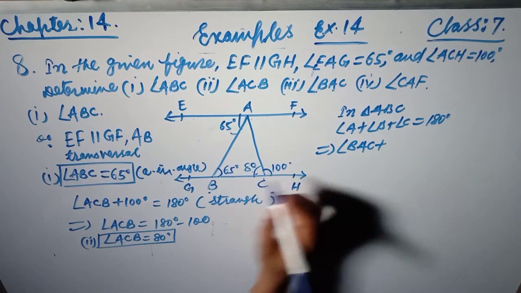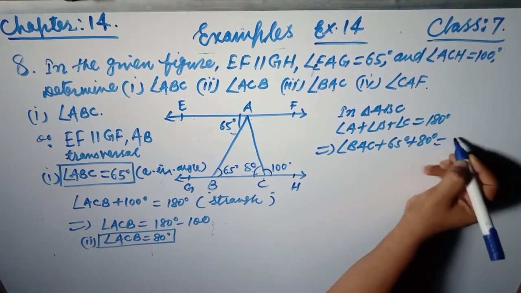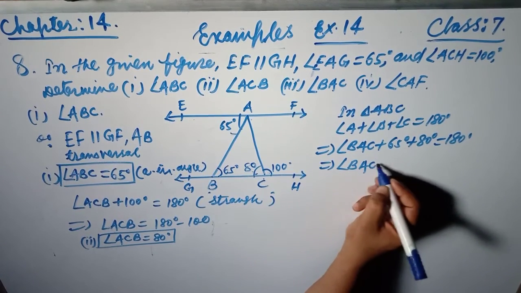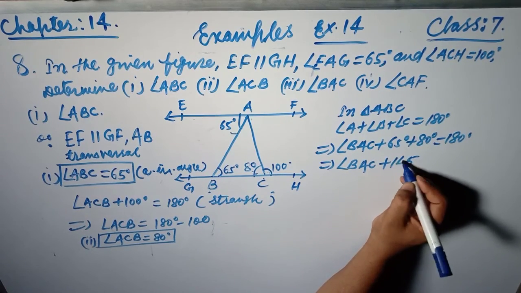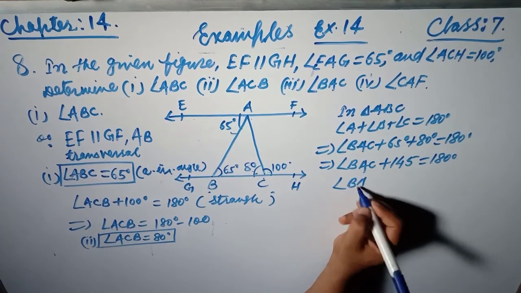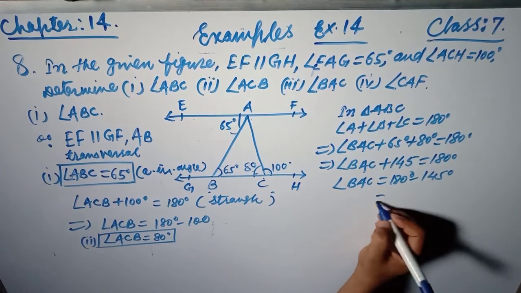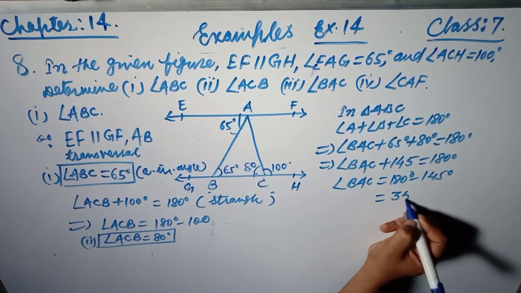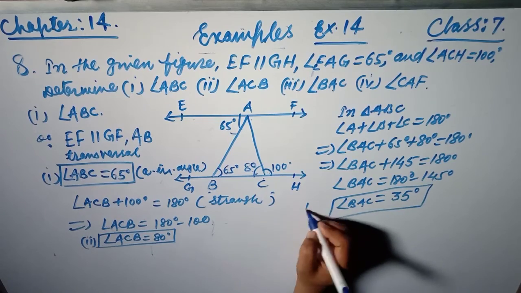Angle B is 65 degrees, angle C is 80 degrees, and the sum is 180. Adding, this is 145, so angle BAC is equal to 180 minus 145, which is 35 degrees. This is the third answer.